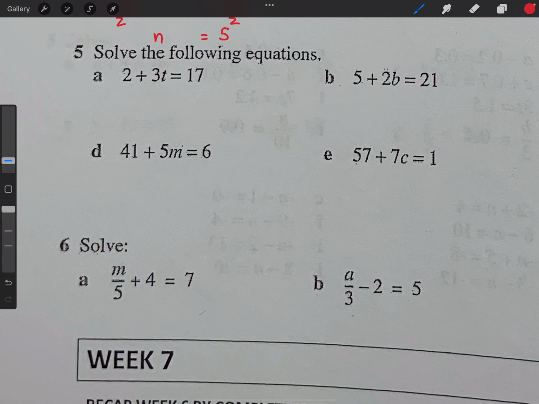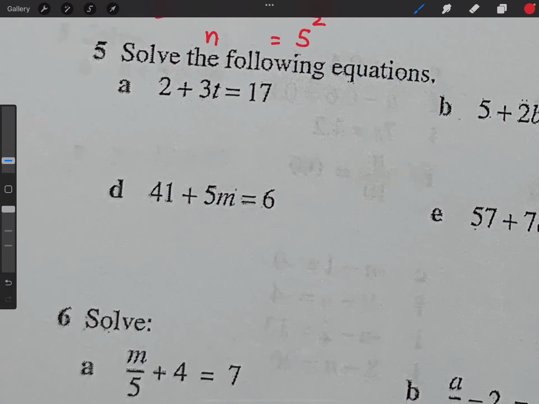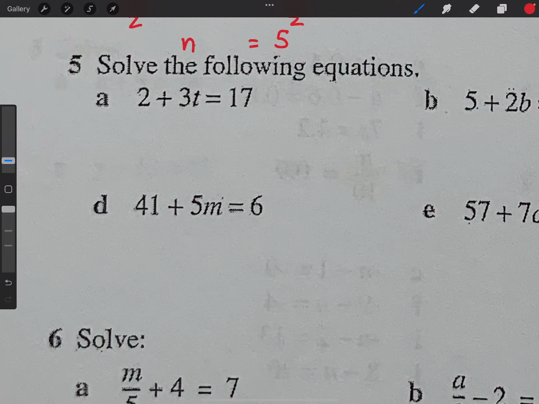Now you can solve it like this, that's fine, but you have to remember something. I want to get rid of this 2, just like I normally do. This is a positive 2, not a negative 2, so I'm going to put a little plus there. To get rid of this positive 2, I must do a minus 2. I'll take away 2 from both sides.